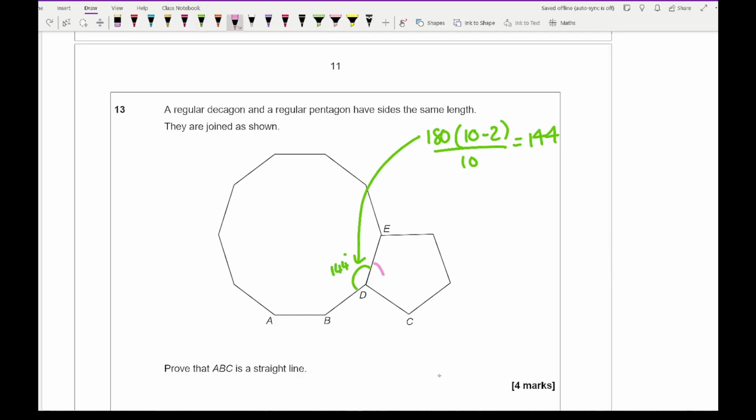I can then work out what this angle here is by doing 180, take away by 5 minus 2, which is 3, divided by 5, and that gives me an answer of 108 degrees.